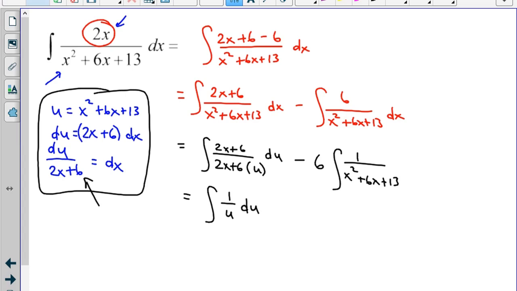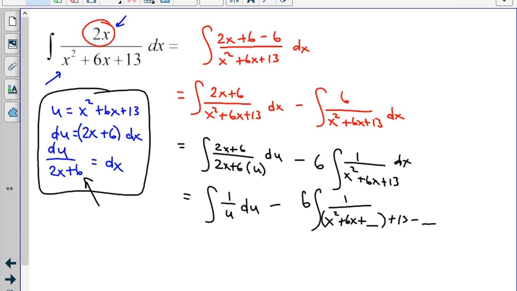So this part of the problem, I'm going to complete the square. So I'm going to end up with minus 6 times the integral of 1 over, sorry, I forgot the dx, 1 over x squared plus 6x plus blank plus 13 minus blank.